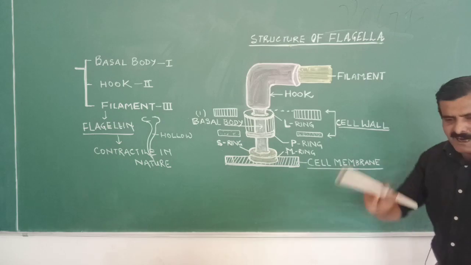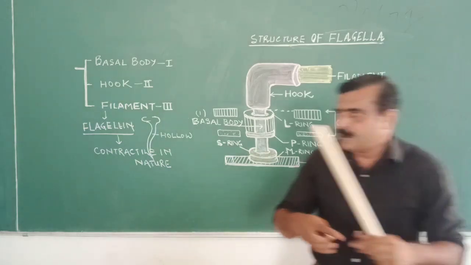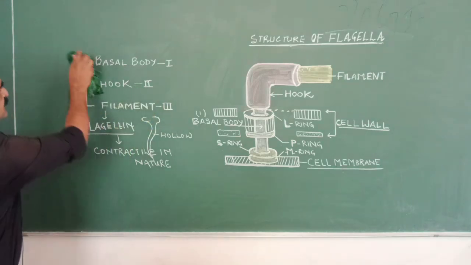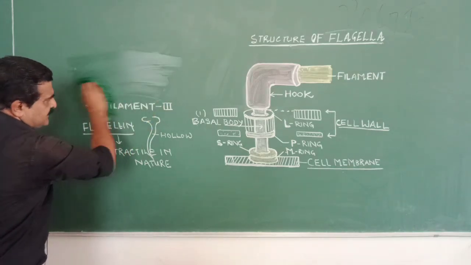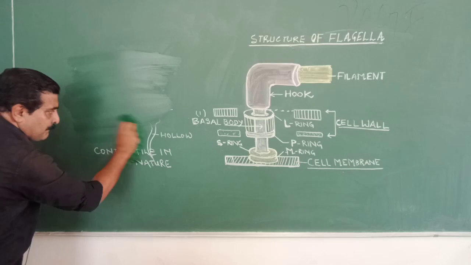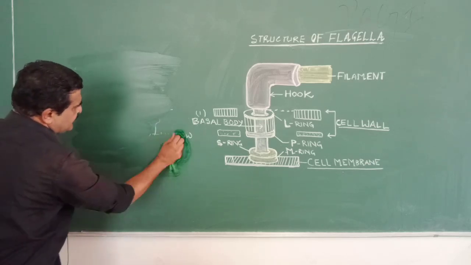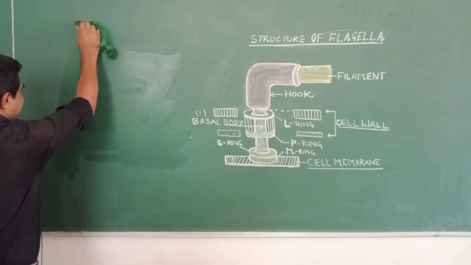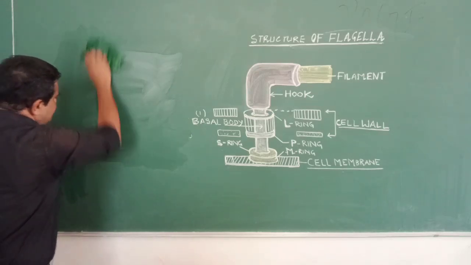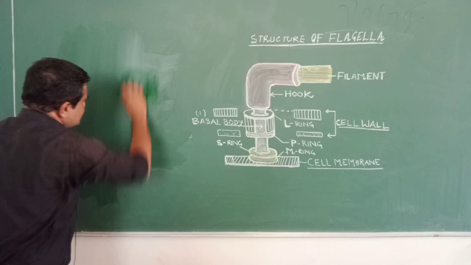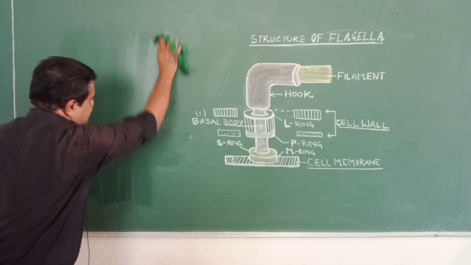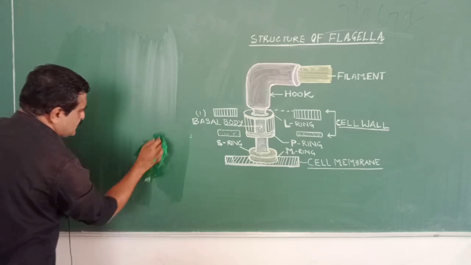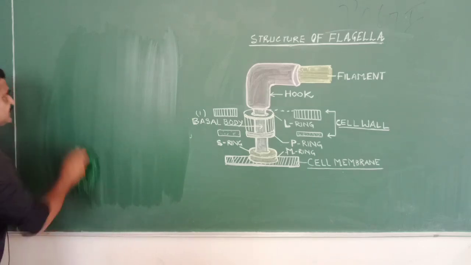Clear? Now I am going to describe the various types of bacterial forms based on the number and arrangement of flagella. For the filament you will get a word, trichous. The trichous word is used here.